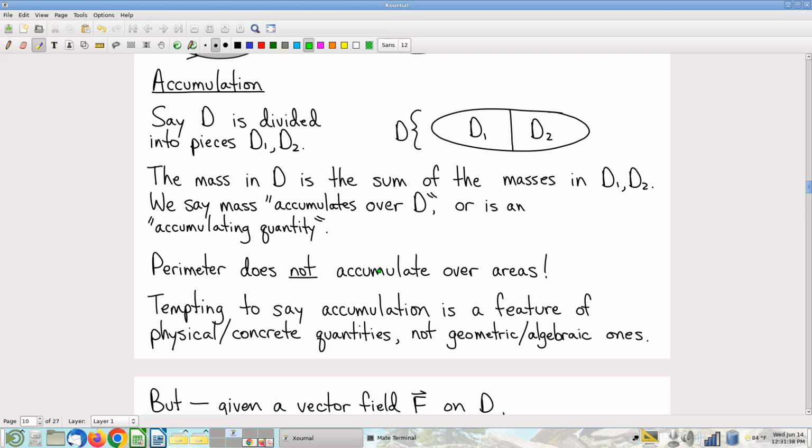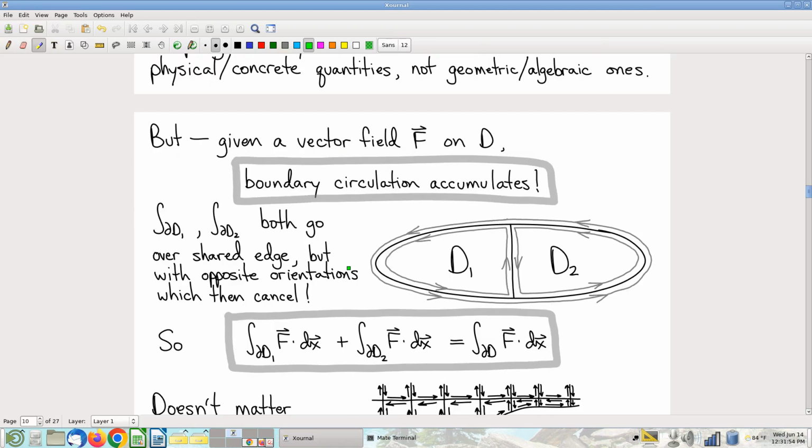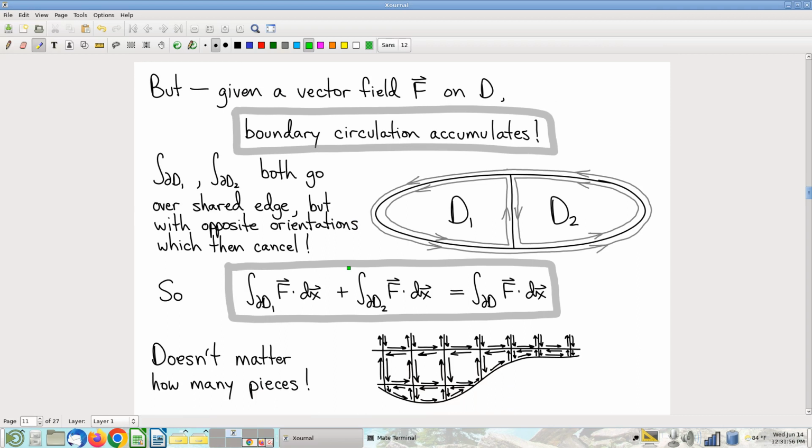So, for example, mass is an obvious accumulating quantity. The whole is the sum of the parts. But perimeter is pretty easily seen not to be an accumulating quantity. We talked about those details last time. So then I made this eyebrow-raising proposition that boundary circulation is actually an accumulating quantity.